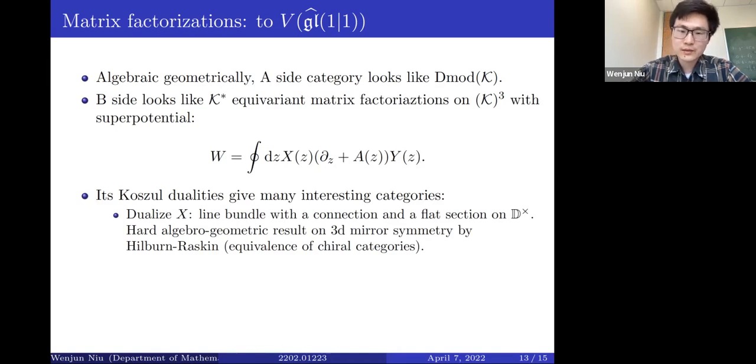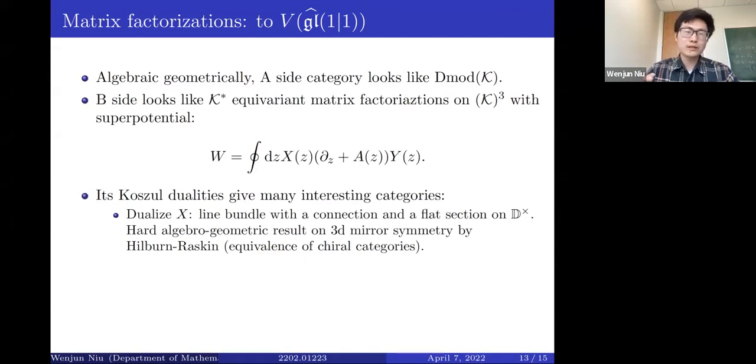And we interpret that as a line bundle with a connection and a flat section. So I'm considering line bundles on D star, which are all trivial. So giving a connection is the same as just giving this function A. And this whole thing being 0 just says that the connection acting on Y is 0. So Y is a flat section.